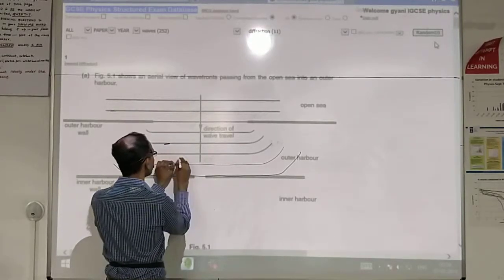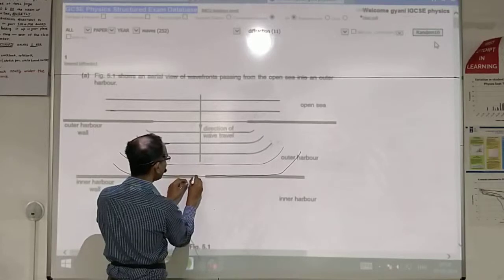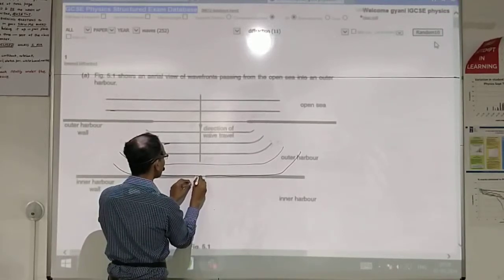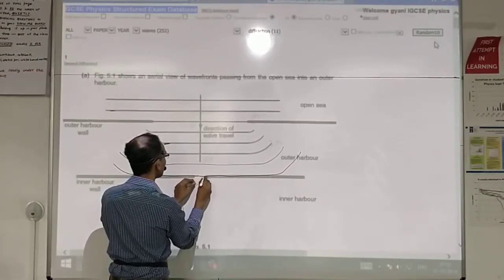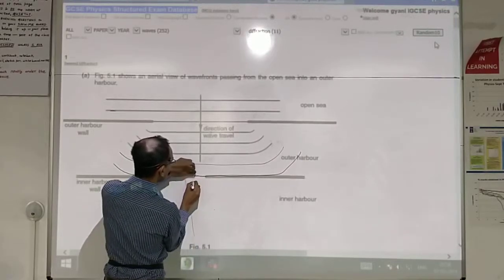Measure the wavelength and then make points. Now draw.